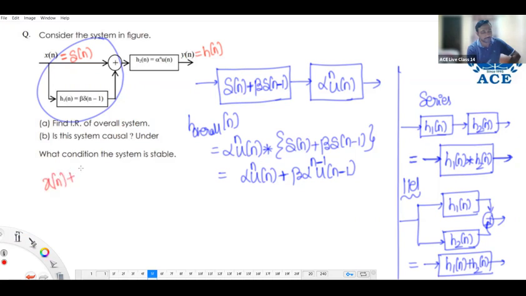Bachas, recollect the convolution property of impulse. x[n] convolved with del of n minus n naught. That property only we applied, sir. x of n convolved with del of n minus n naught is x of n minus n naught.